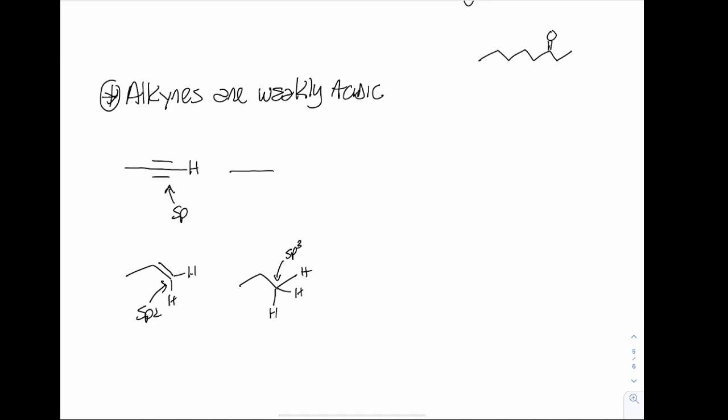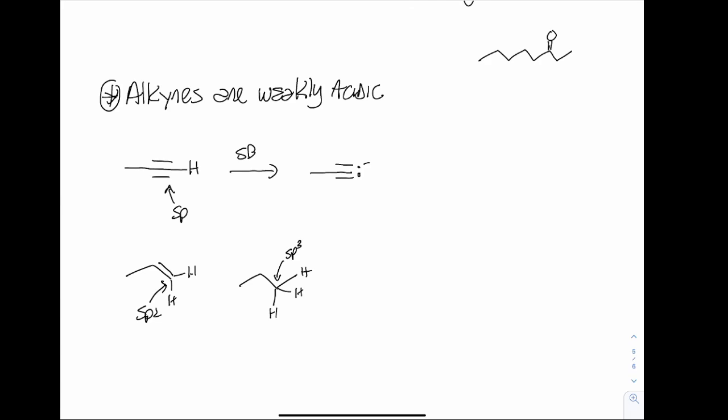So once I lose that proton, if I add a base to it, I end up with that lone pair of electrons and a negative charge in an sp orbital. And remember, sp orbitals are 50% s character, 50% p character. Remember, s's are spheres, and electrons in an s orbital are closer to the nucleus and more stable.